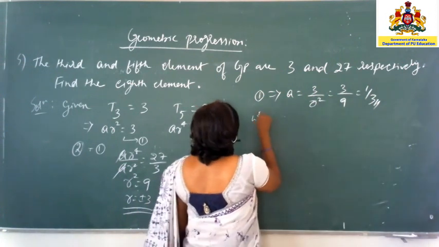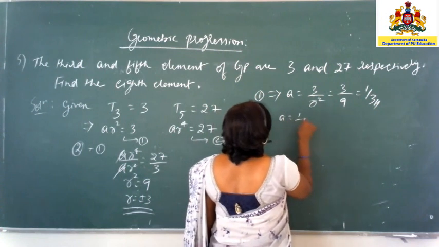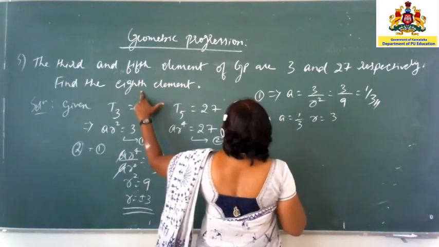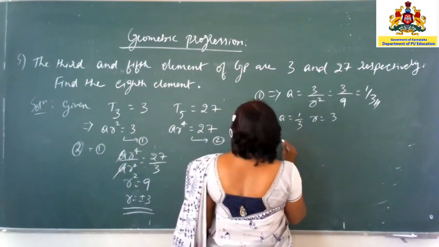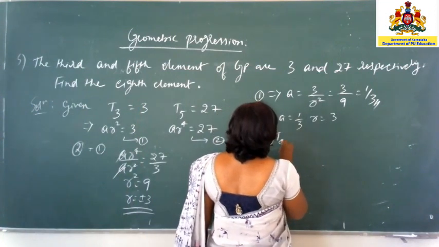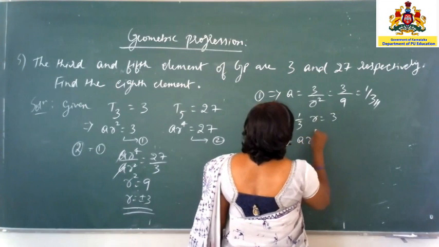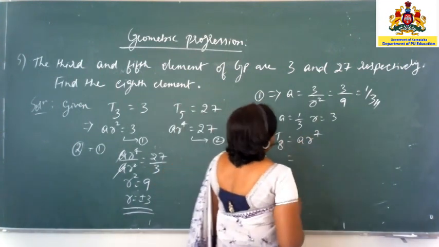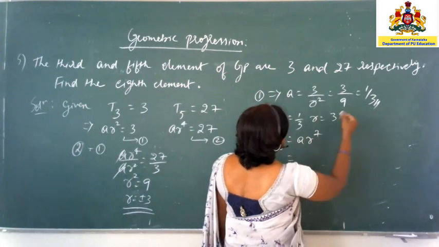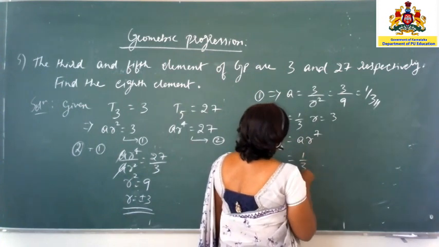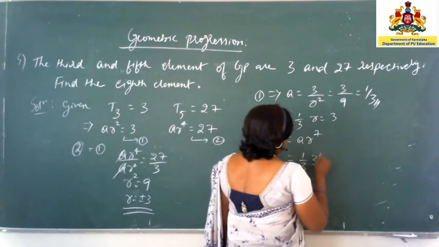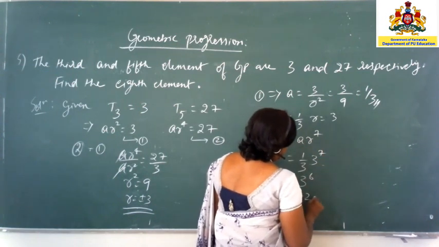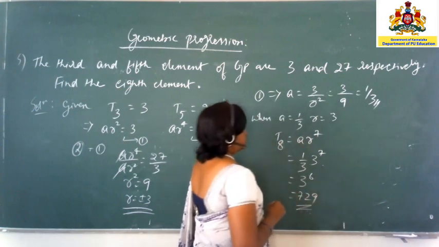So when A is equal to 1 by 3, R is equal to 3, eighth element, that is T8, is equal to AR to the power of 7. So A is 1 by 3, R is 3, so 3 to the power of 7 divided by 3, so 3 to the power of 6, that is equal to 729.